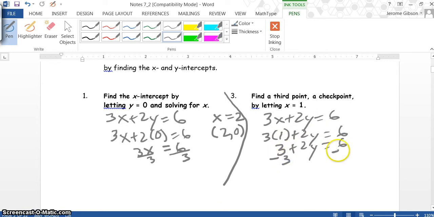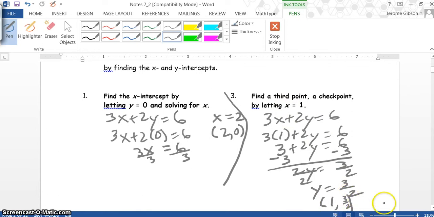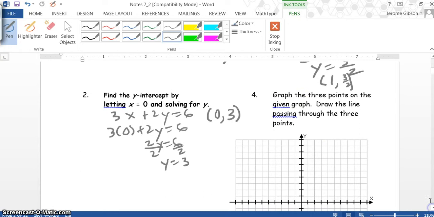We will subtract 3 on both sides, and 2y is equal to 3, and we'll divide each side by 2, and y is equal to 3 halves. Now we will write this as an ordered pair. Remember, 1 was our x, and 3 halves is our y. So this will be our ordered pair. Now, it says graph the 3 points on the given graph. Draw the line passing through the 3 points.